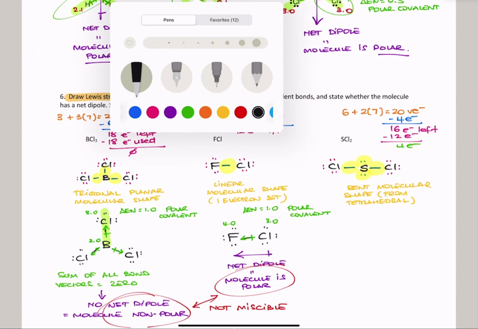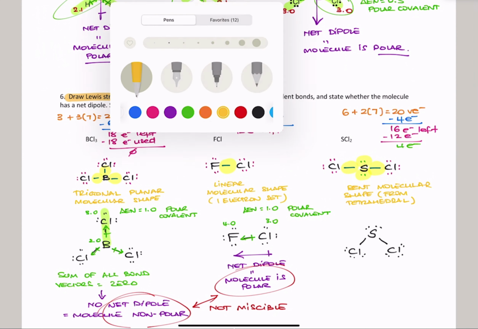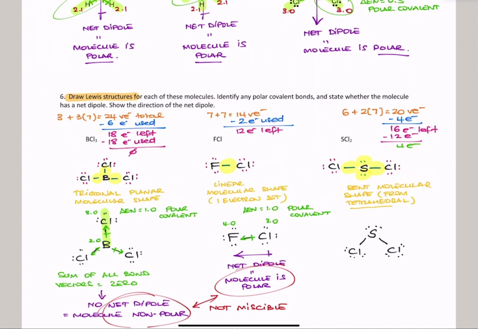We're going to be able to draw this one as being bent. Just for information, because it's from tetrahedral, this angle here will be 109.5 degrees. Let's not use an arrow, it might be confusing.